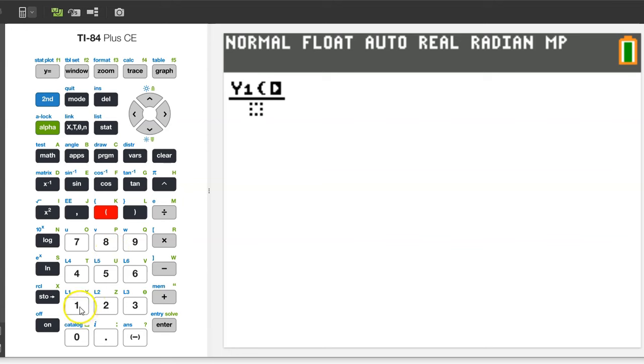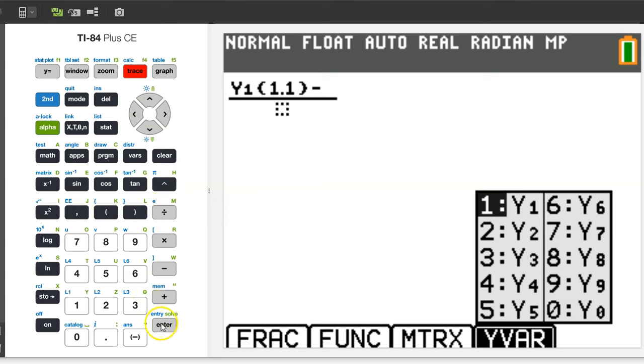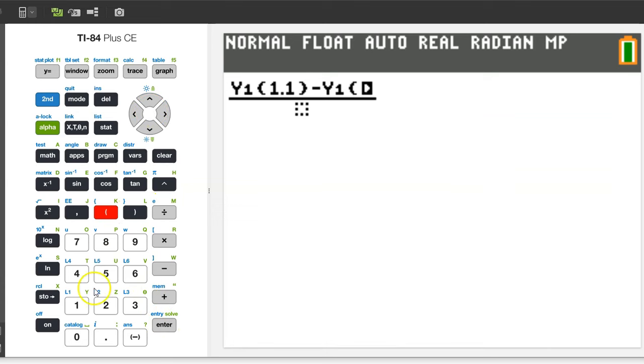So y1 at 1.1 is really h at 1.1 minus y1, so alpha trace enter at 1. And then, so this is like f at b minus f at a over b minus a.